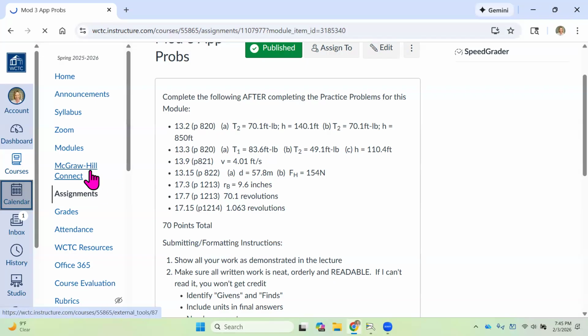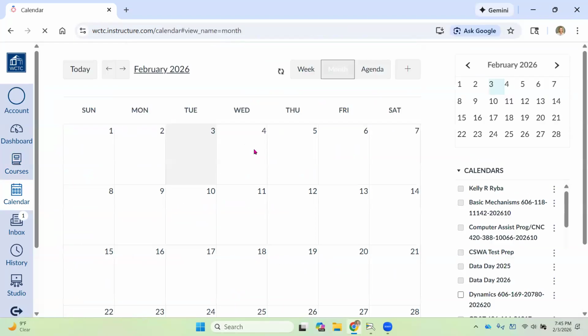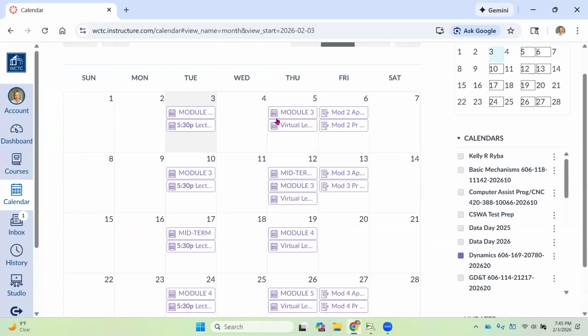If I look back at my calendar, just as a reminder, we are still on module 3 on Thursday, and I'm planning module 3 for Tuesday. These first 3 modules are on the midterm. 1, 2, and 3 are on the midterm.